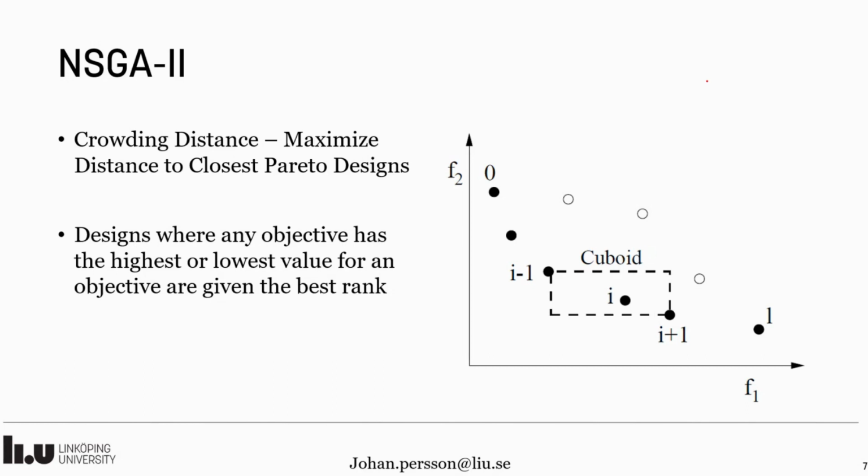Essentially, they see the contribution from this point as corresponding to an imaginary box, and the larger this box is, the more important this point is. But they also would like the best design for each of the objectives to be present. So the highest ranks will be this and this point, and then it will try to find the points that have the largest crowding distance, meaning the distance to the closest Pareto points.